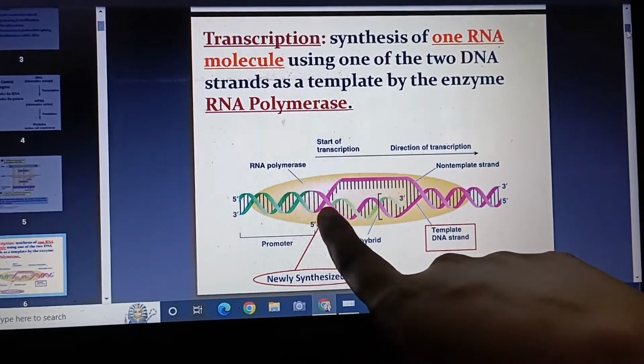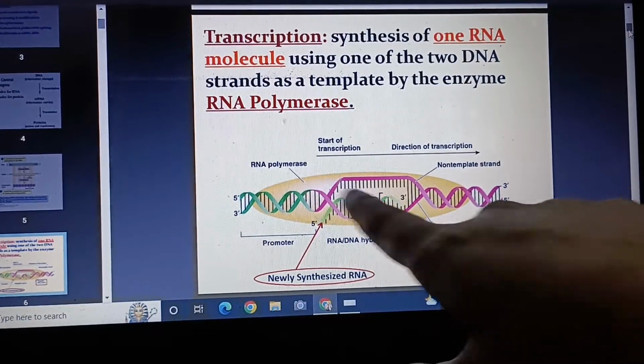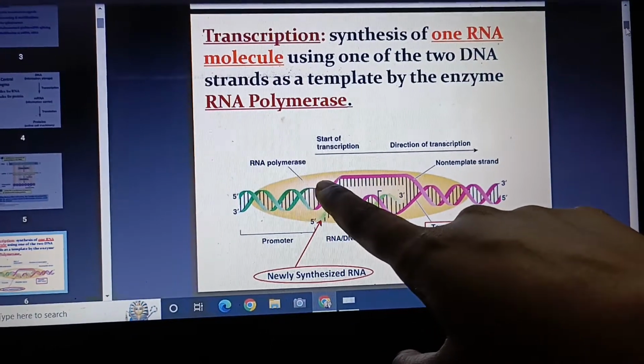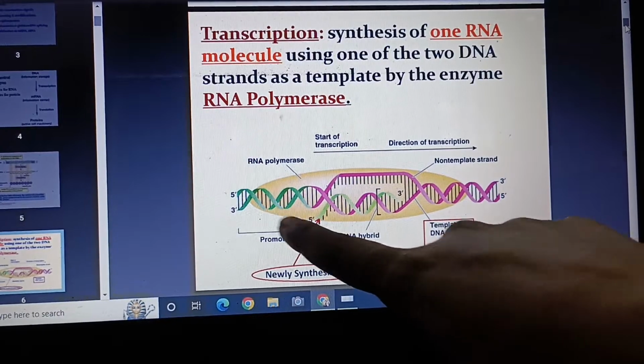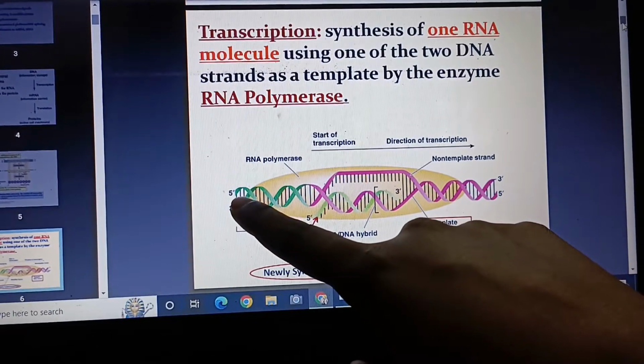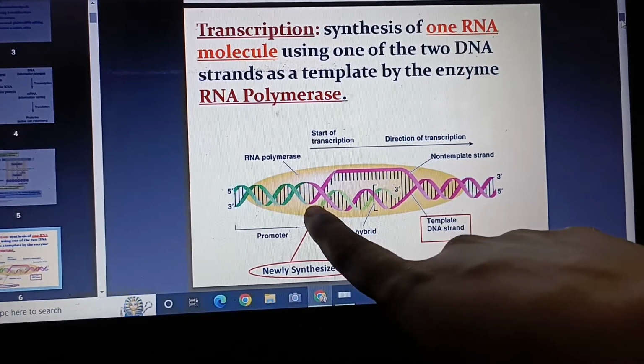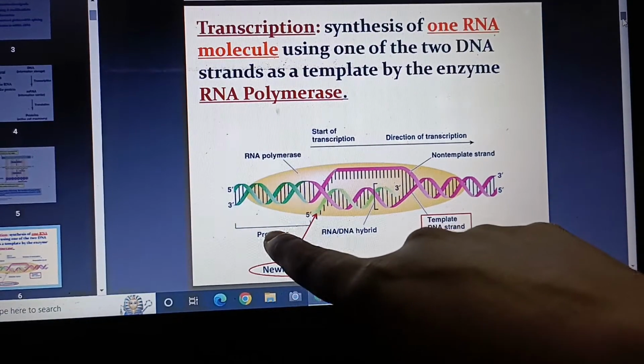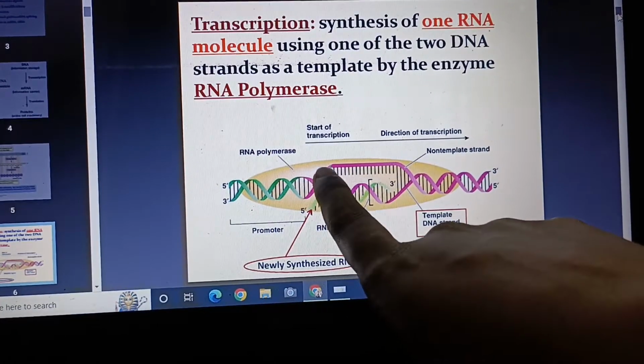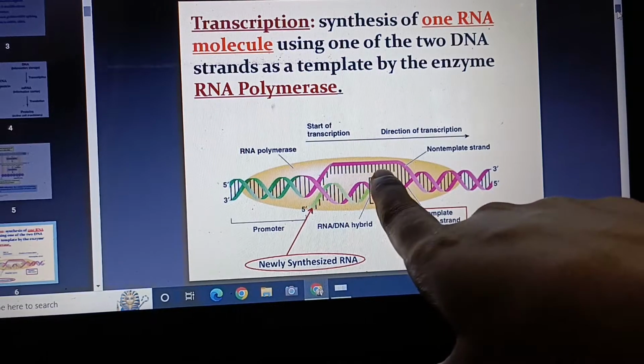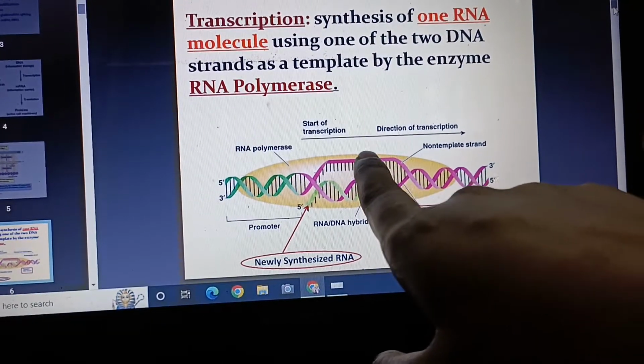This is a double-stranded DNA helical structure, and this yellow is the RNA polymerase. From this end to this green region stands for the promoter region, and this pink region is the transcription starting site.